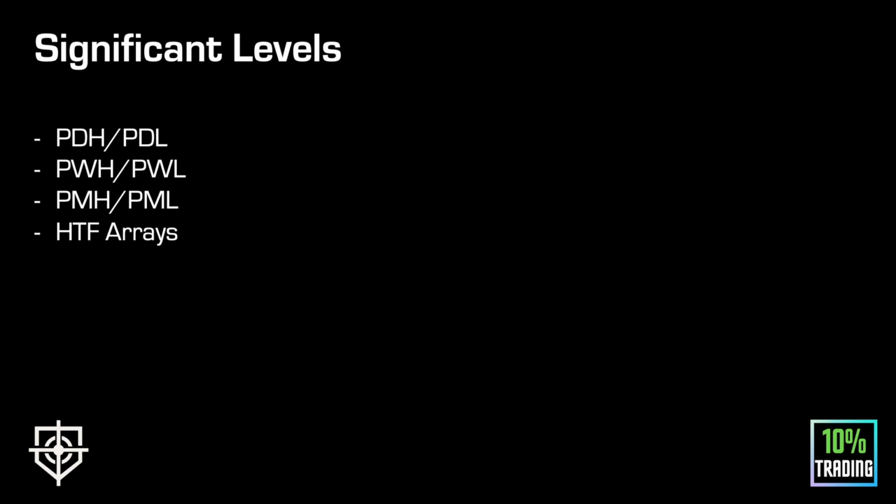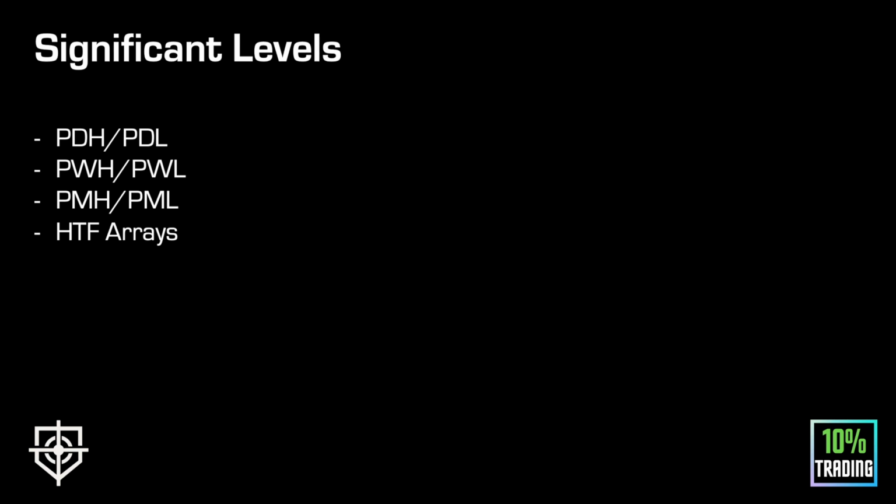Around price, we have these levels, and by levels, I'm not talking retail support and resistance and whatnot. These are significant levels in the sense that they have a relevance to price and how price may move every single day. And you guys should know this from my weekly outlooks. I'll mark out my previous daily high, previous daily low. On my weekly outlook, I will usually mark out my previous weekly high, previous weekly low.